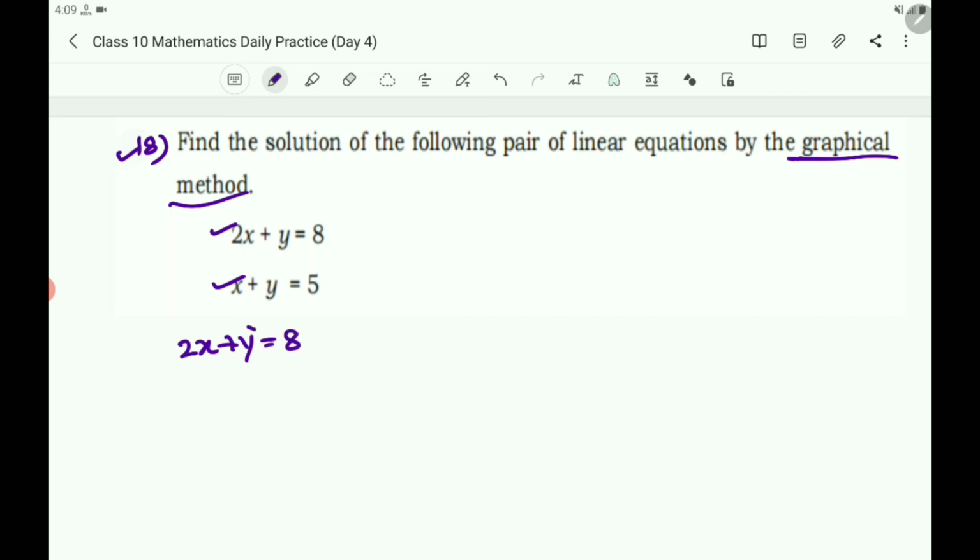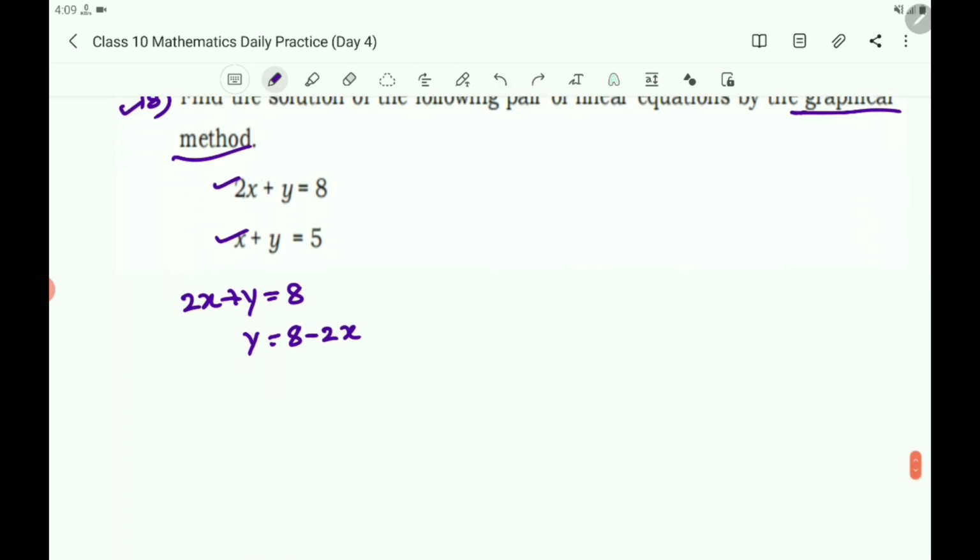So you convert this to the form of y equals. Transfer this 2x to the RHS, it becomes minus 2x. Here 2x plus y equals 8 is converted as y equals 8 minus 2x.